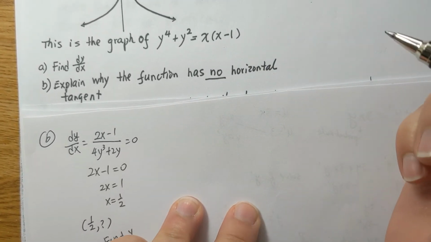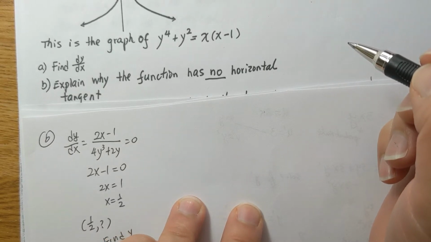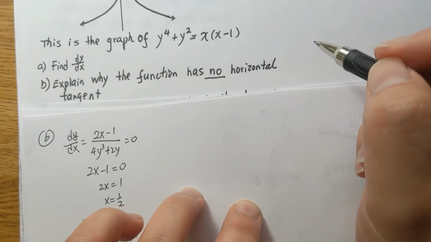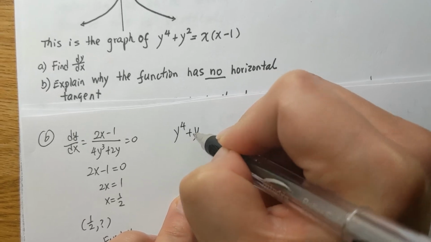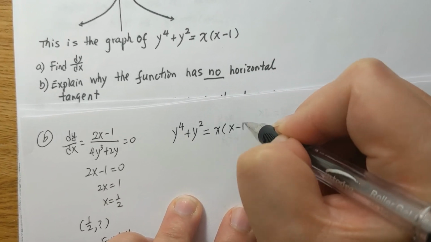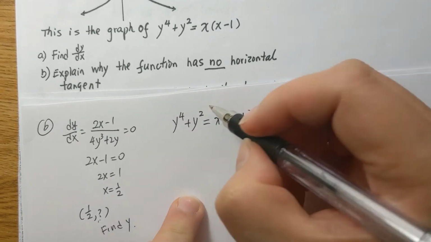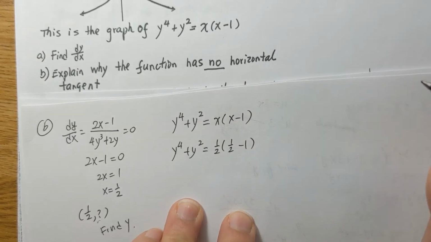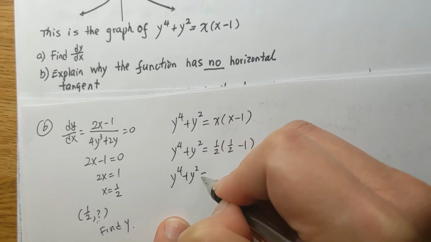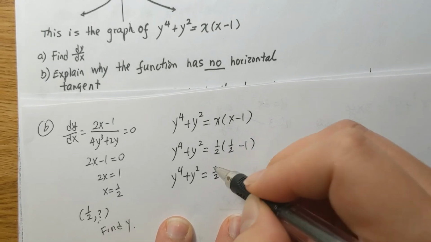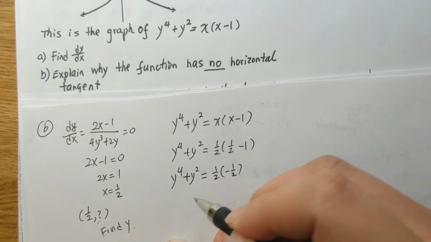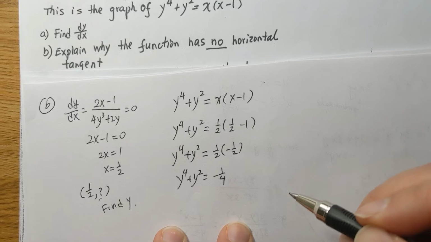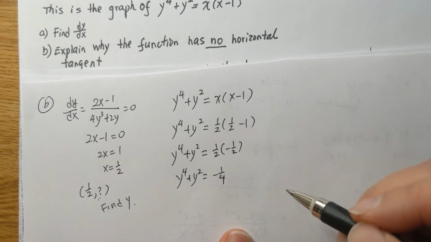If you can find y, then that means you can draw it. If you cannot find such a point, I mean there's no y value, then there's no horizontal tangent. So we have to go back to the original equation. We know that x equals half, so we are going to solve for y. We substitute, and then maybe you already noticed something very special over here.